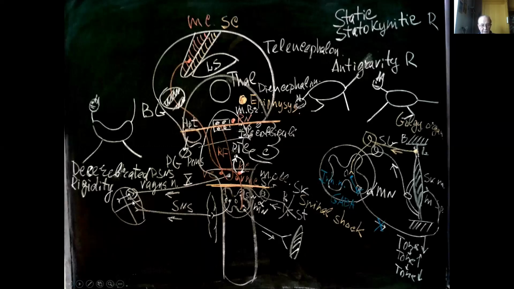This is the heart with 4 chambers, 2 atria and 2 ventricles. And this is the structure of the sympathetic nervous system.